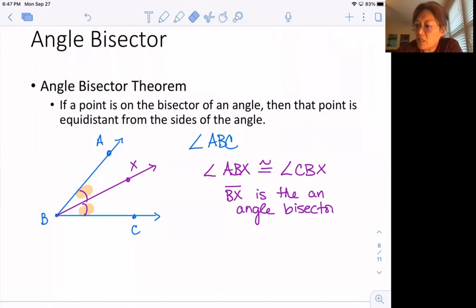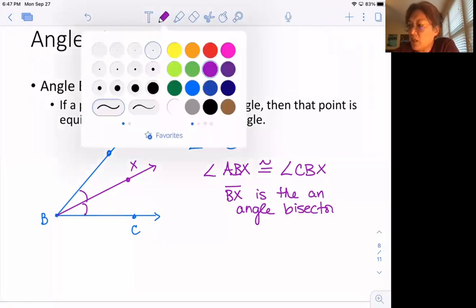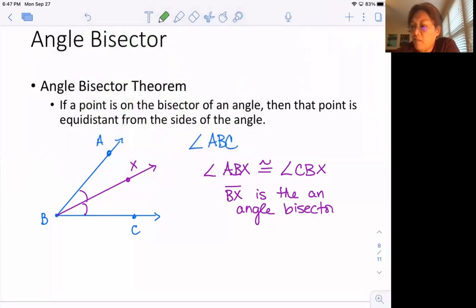So the second part of this says that the sides are equidistant from the angle bisector. When I measure distance, I always measure distance as a perpendicular line. So I measure perpendicularly from any point on the angle bisector, any point is equidistant.